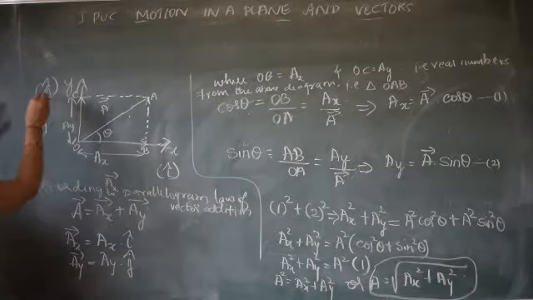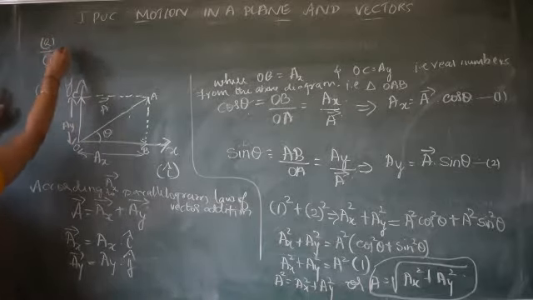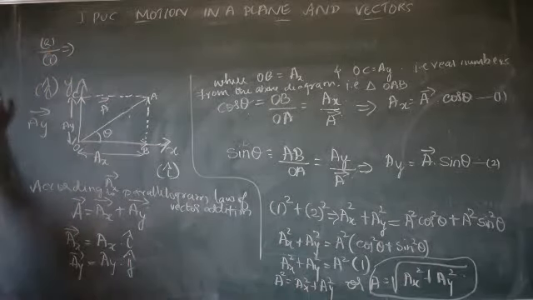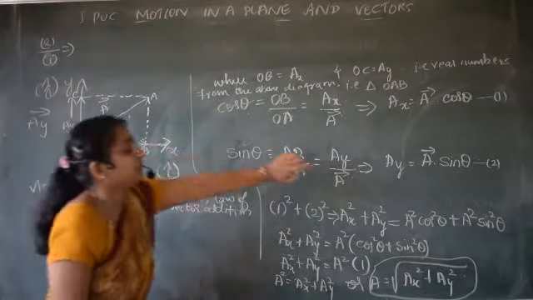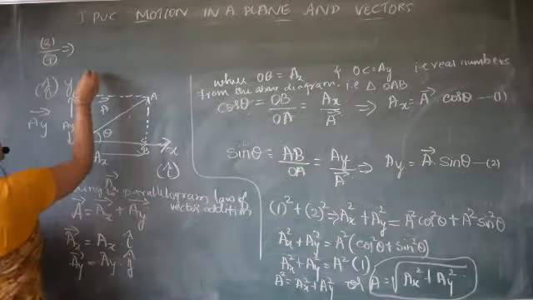Divide equation number 2 by 1. This implies, what do we get? Equation 2 is here, 1 is there. So if you substitute, what do we get?